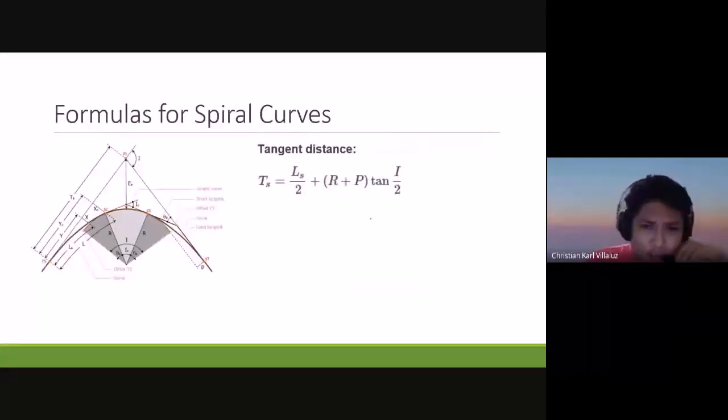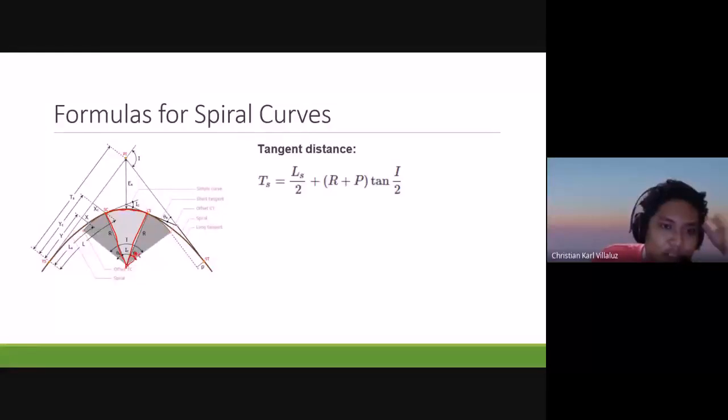So, the distance, tangent distance, okay. Itong formula, LS over 2 plus R plus B, tangent I over 2. So, itong mga formula na ito, na-derive lang naman to dito sa spiral curve, in which dito, if we have the simple curve here, gagawa ulit tayo ng additional curve with the same radius basing on the spiral angle.